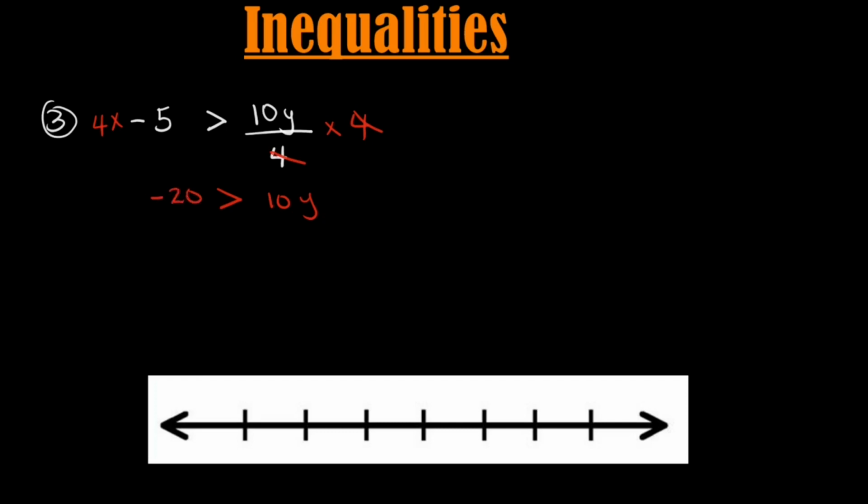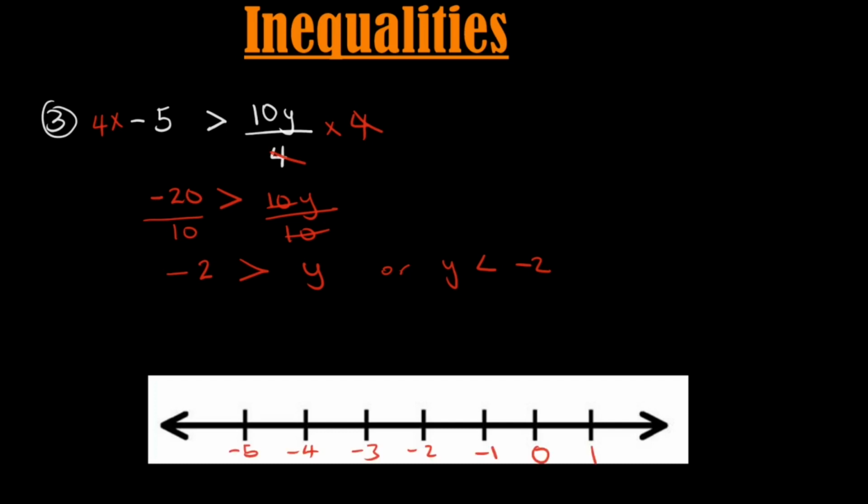So we get rid of the 4, now we want to get rid of the 10 multiplying the y, so we divide both sides by 10. Negative 2 is greater than y. We can rewrite this as y is less than negative 2. Both of them are saying the same thing. So we're going to go ahead and represent this on our number line.